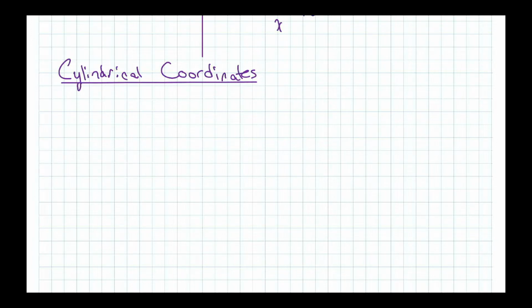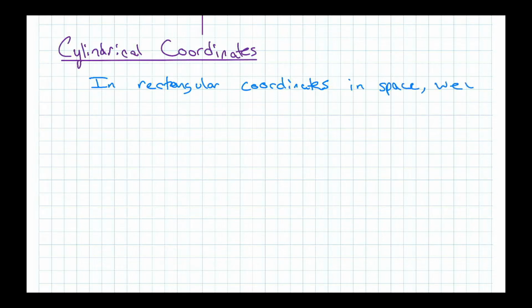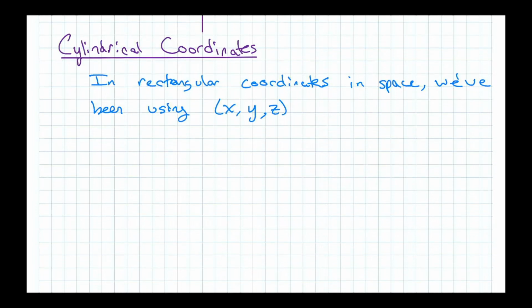So the first one we're going to use is cylindrical. In rectangular coordinates in space, we've been using X and Y and Z to represent all positions.